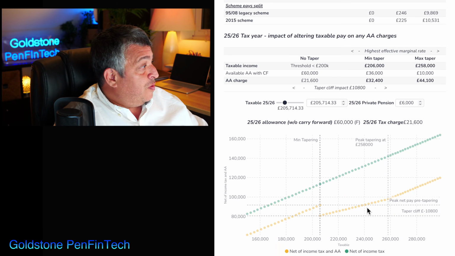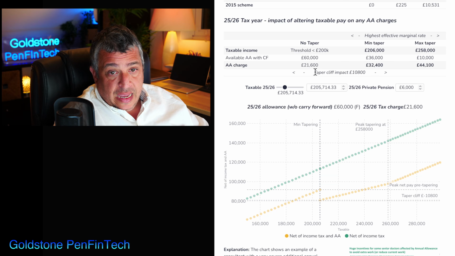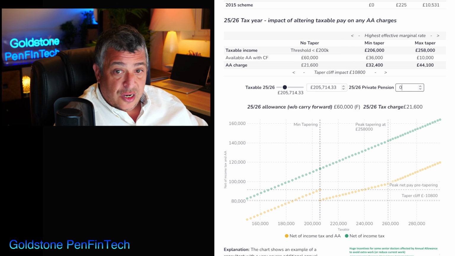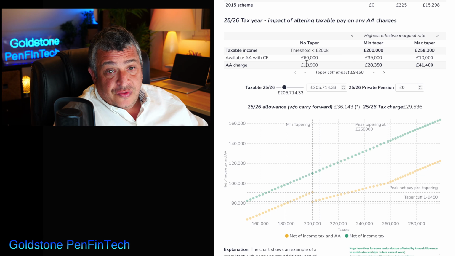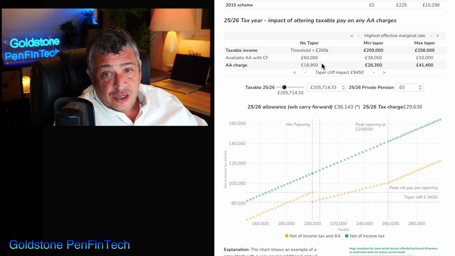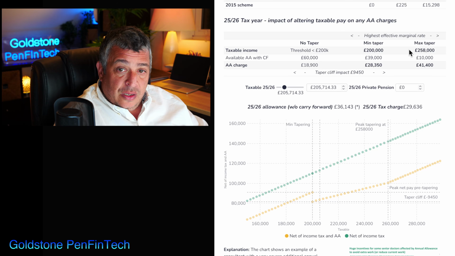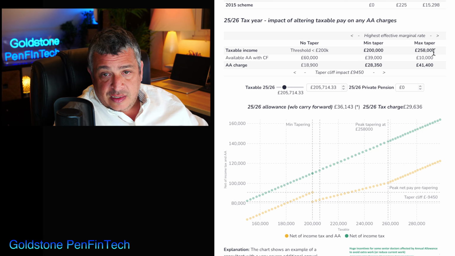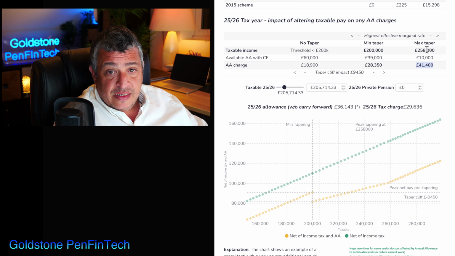And we've also got this really nice chart and table, so we can see if you don't taper for this member in this tax year, so I'll just take out that tax charge. If we don't taper, we've got an AA charge of 18,900. If we do loads of WLIs and extras and bust that waiting list, that 18,900 charge becomes 41,400 at income over 258.